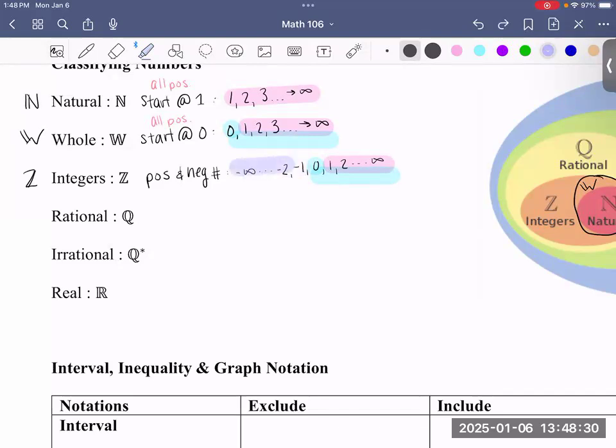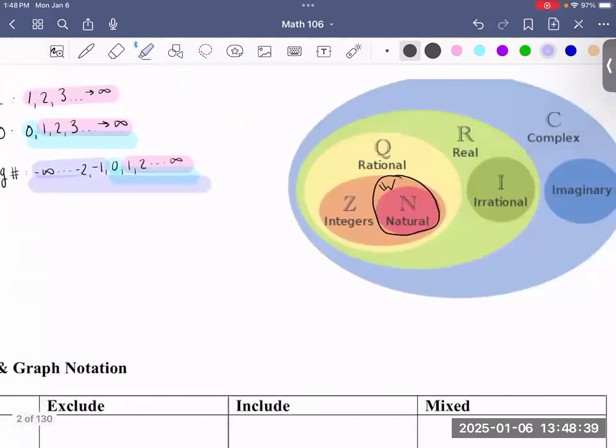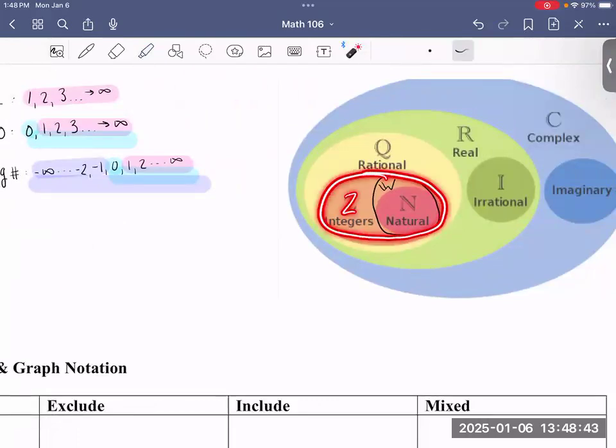So all of this is now integers. And you'll see over here in this diagram, this orange part is encasing the natural and the whole, the red and the one that we had added.